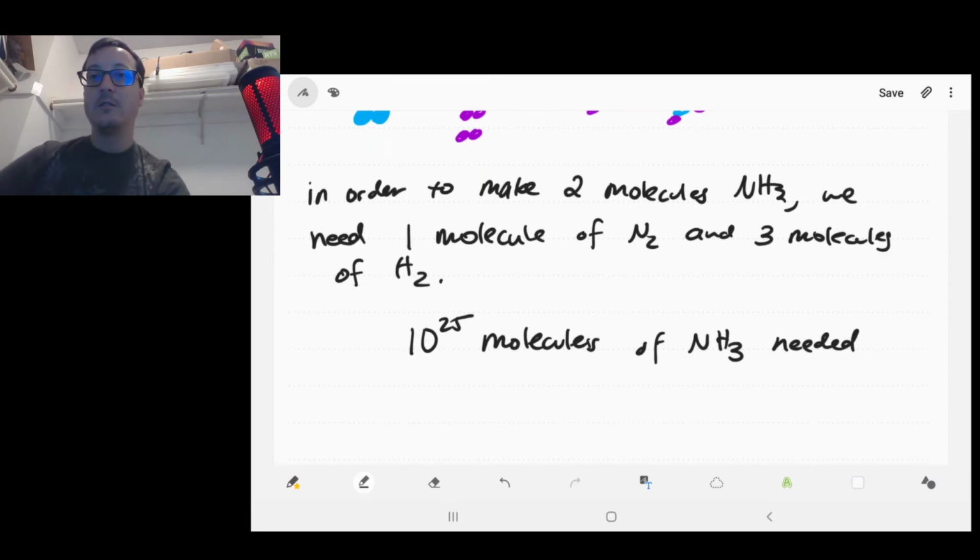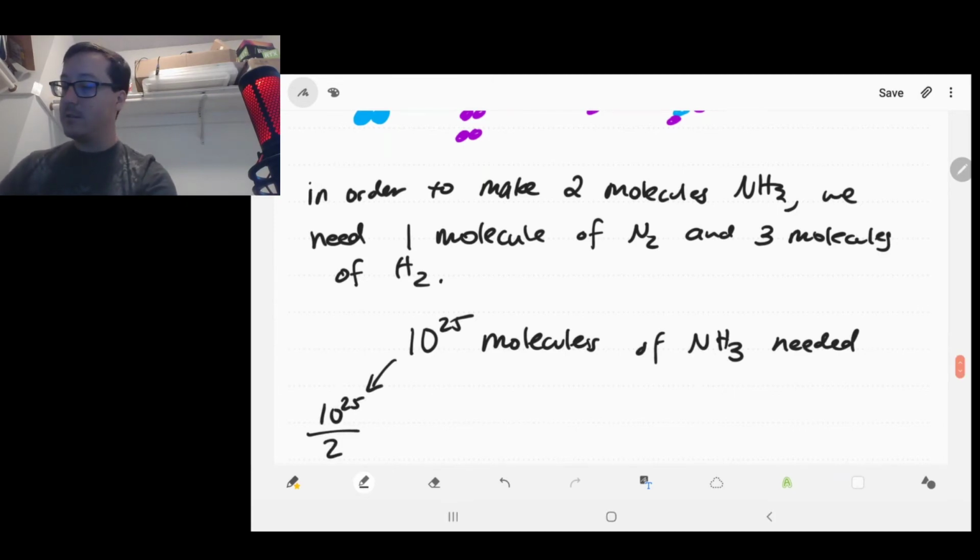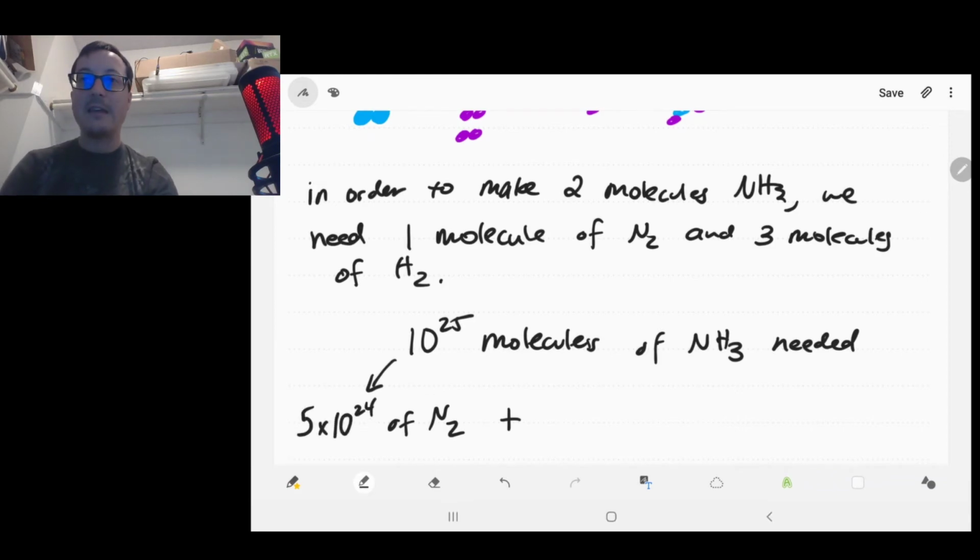If I want 10 to the 25th molecules of ammonia, that means I need to put in half of that, whatever number that happens to be, 10 to the 25th divided by 2. So fine, I'll even say it, 5 times 10 to the 24th. That's half of 10 to the 25th.